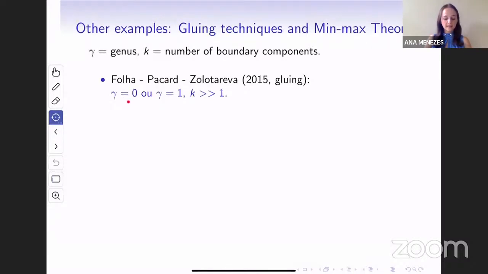And it's expected that this family of genus 0 coincides with the family by Fraser and Schoen, although we don't have proof. Okay. And for this family with genus 1, an element here you can think of as if you take an element from the genus 0 and you put a neck right in the middle. Okay.